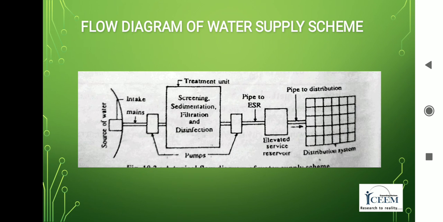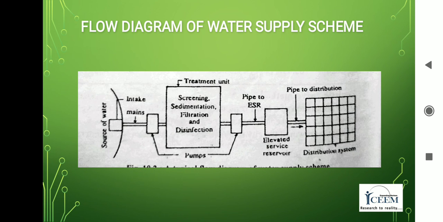Let's see the functions of the different units of the water supply scheme, in which first is the treatment unit. The first process is screening. The big and longer objects such as tree branches, leaves, sticks, organic matter, dead animals, etc., are removed by screens and racks, and this process is called screening.